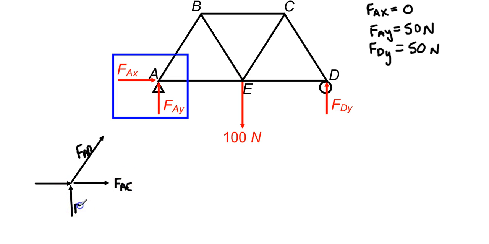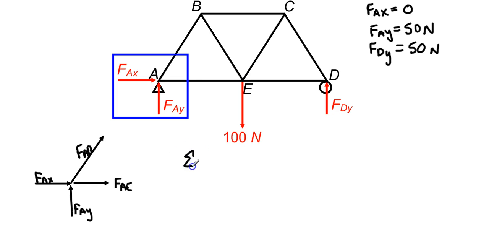This is the force of AY, which we already know. This is the force at A in the X direction. And we also know that this is 60 degrees here. We'll get to that in a second. So we want to figure out the forces for all these internal members here.